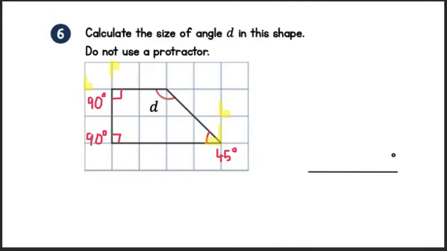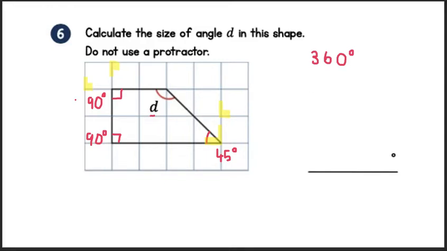Now going back to the known fact that I mentioned earlier, angles in a four-sided shape add up to 360 degrees. What I'm going to need to do is add up all the angles that I know, take that answer away from 360, and that will give me D.